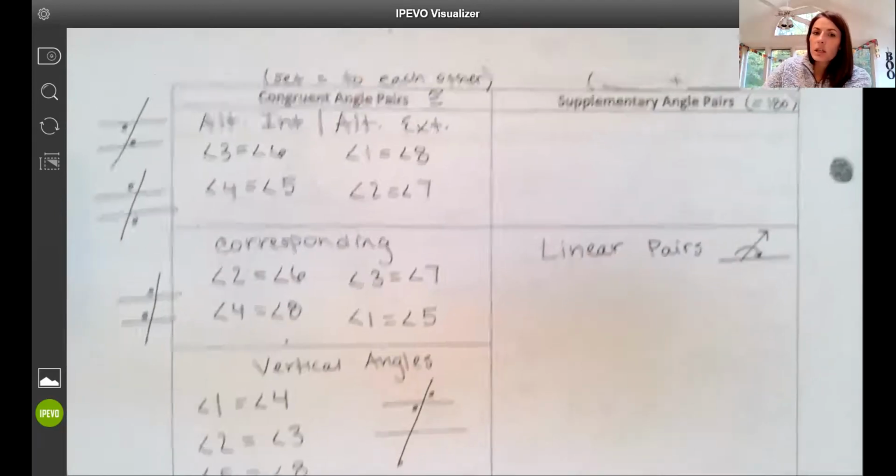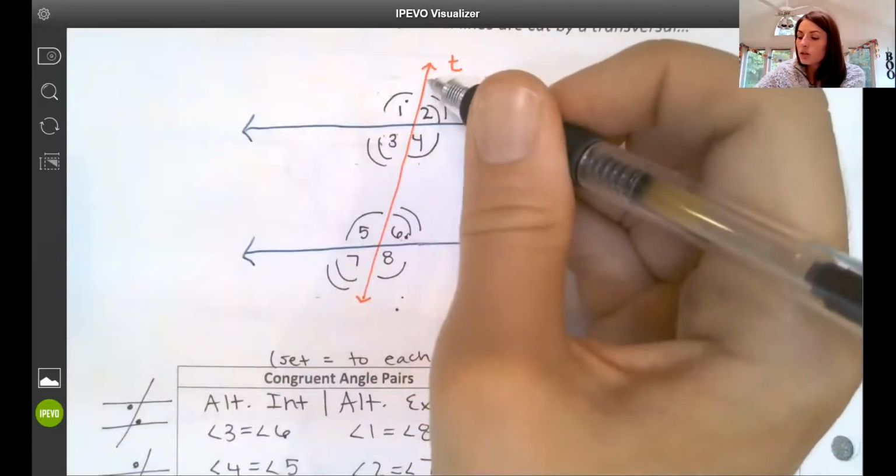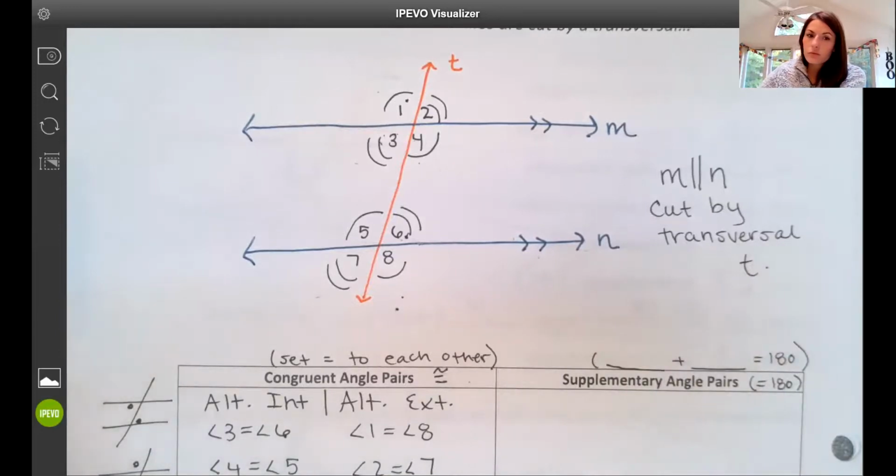I'm going to go back up to my diagram. I'm going to go with angle 1. What is an angle that creates a line with angle 1? One and 4 would be vertical.